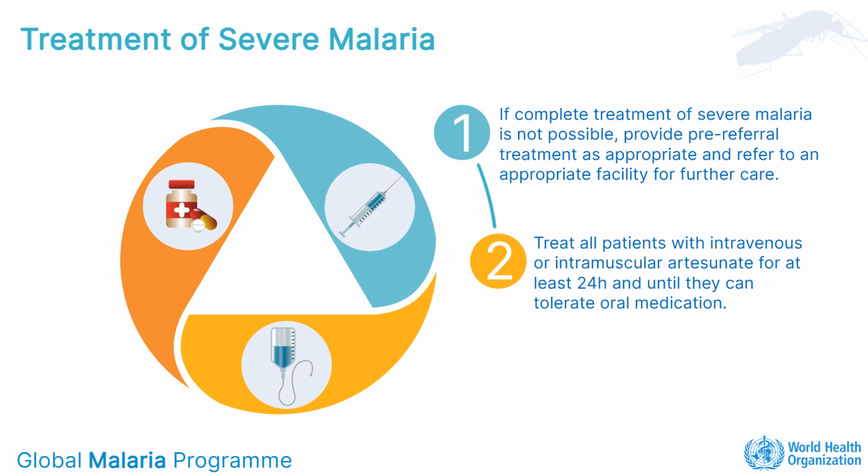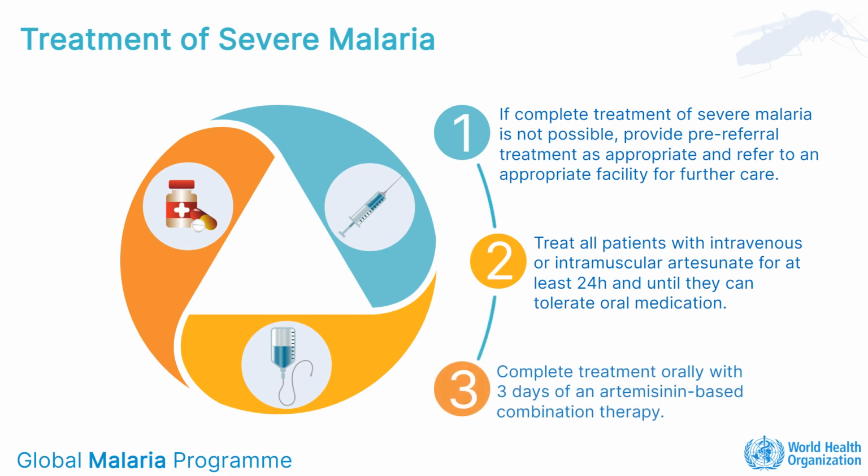Adults and children with severe malaria, including infants, pregnant women in all trimesters, and lactating women, should be treated with intravenous or intramuscular artesunate for at least 24 hours and until they can tolerate oral medication.